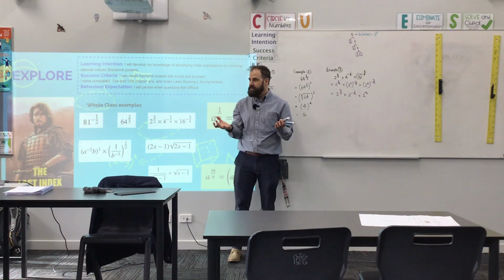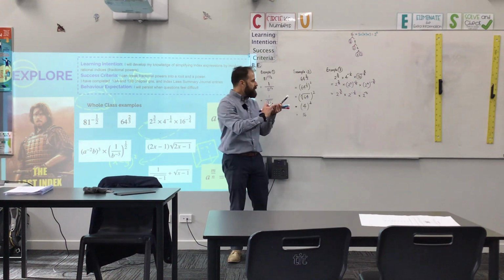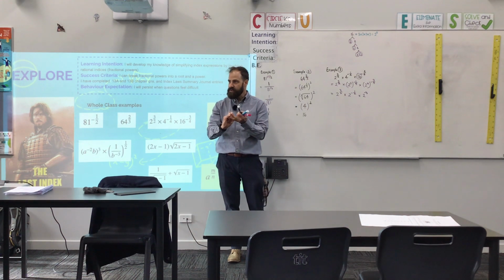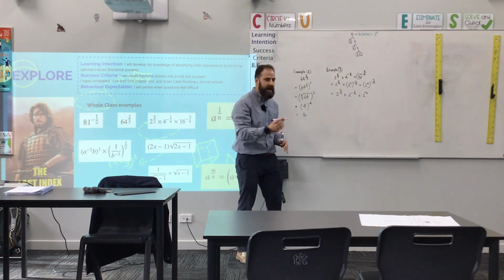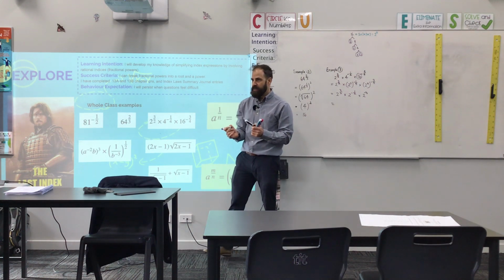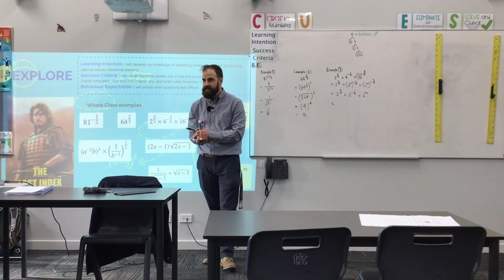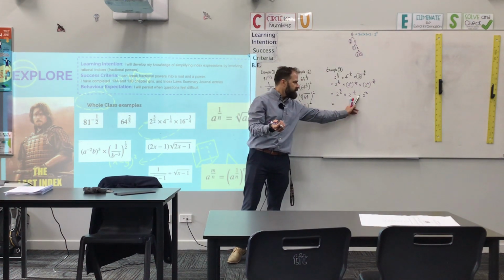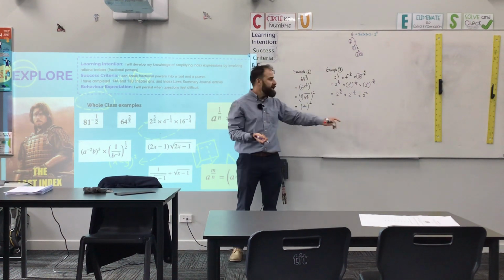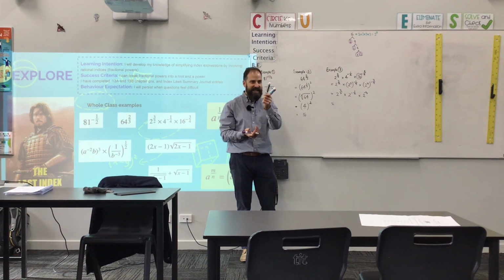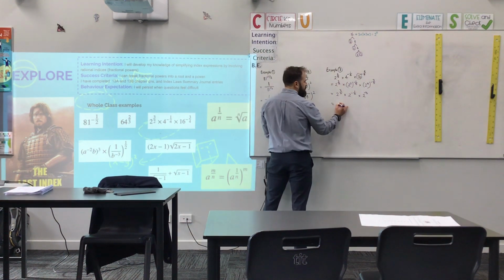Okay, first step, taken. I've got my prime factors as my base. Second thing, got rid of the brackets, powers to a powers. Third thing, what am I going to do next? Do I have the same bases? Yes. What's the operation between them? Times or multiply. So when we multiply, what do you do? You keep the base and add the powers.